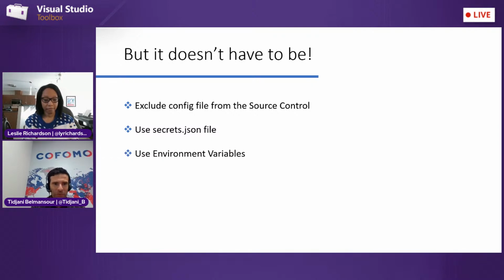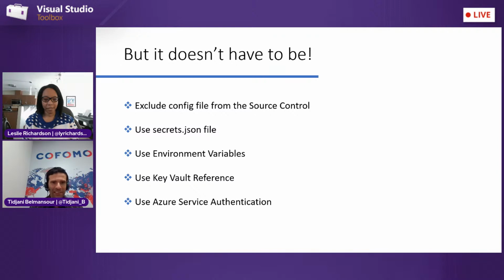Another way is to rely on environment variables. Fourth option is to use a Key Vault reference. And another way is to rely on Azure Service Authentication. So don't worry, we'll explore all of these options today and see the pros and cons of each option.